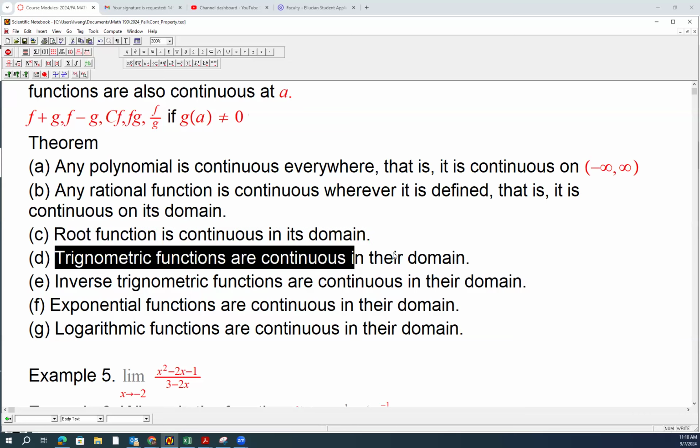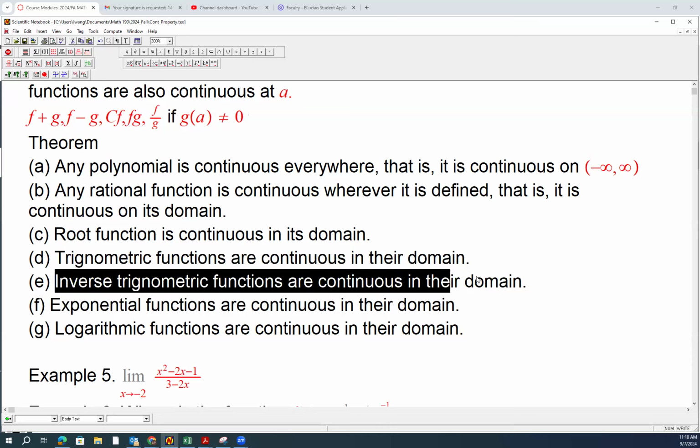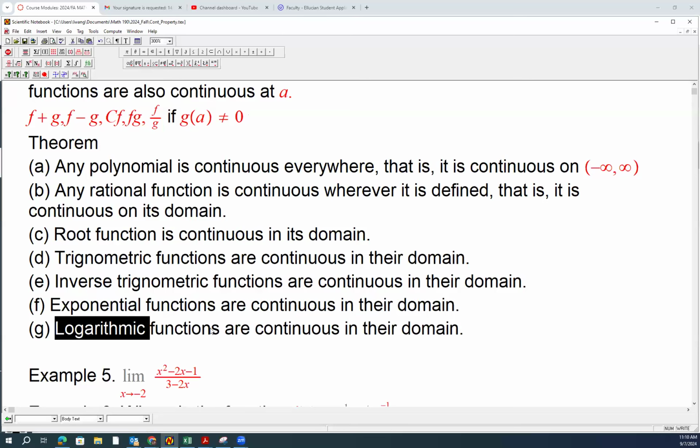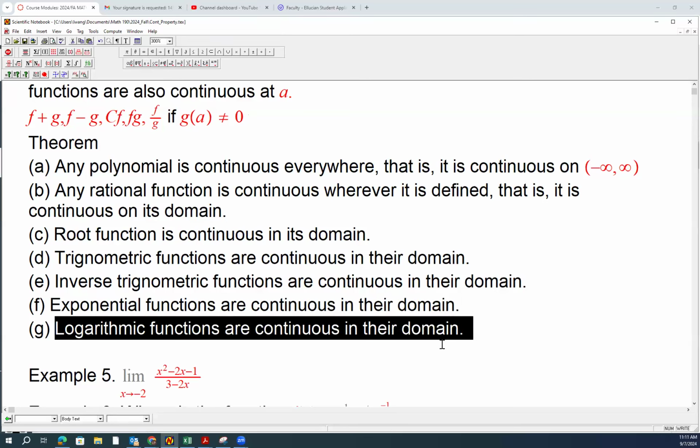Trig functions are continuous in their domain, right? So trig functions, we're talking about sine, cosine, tangent, cotangent, secant, cosecant. We know their domain. And arcsine, arccosine, so inverse trig functions are continuous in their domain. Exponential functions are continuous in their domain, and logarithmic functions are continuous in their domains.